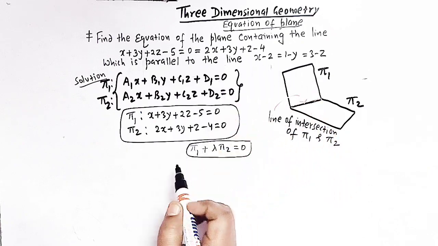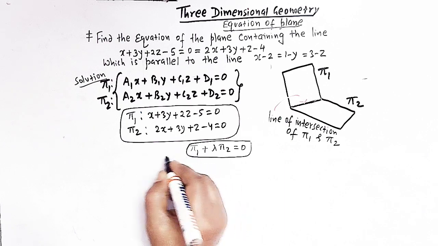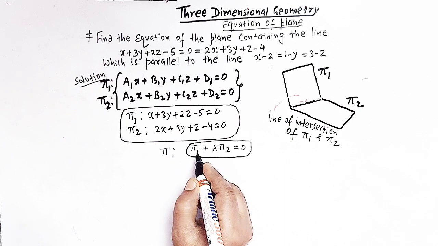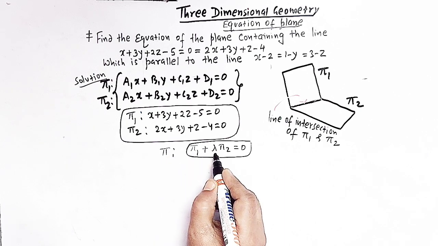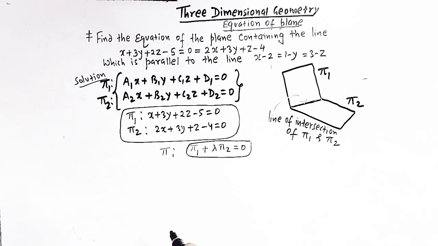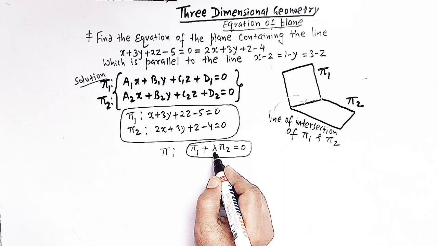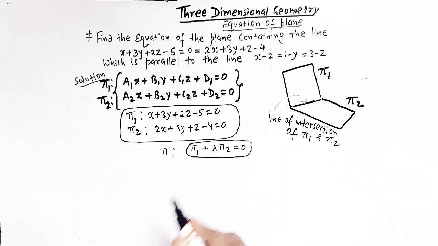So let us assume that the equation of the plane pi is given by pi 1 plus lambda pi 2 is equal to 0, where lambda is some scalar, a real number, and we have to find the value of this real number lambda.